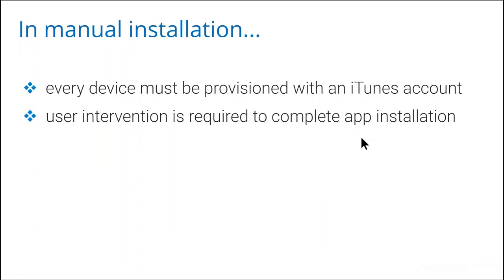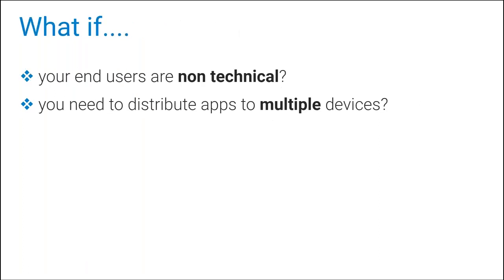So this is how the manual installation works. Every device must be provisioned to a particular iTunes account, or a personal iTunes account, as I would call it. And user intervention is really necessary in order to complete your app installation. It's kind of like a regular app installation in your devices.